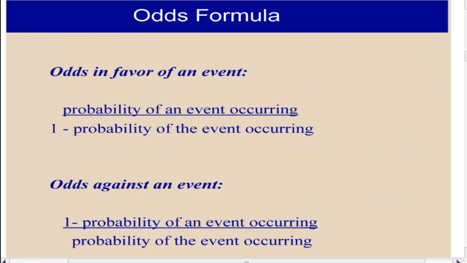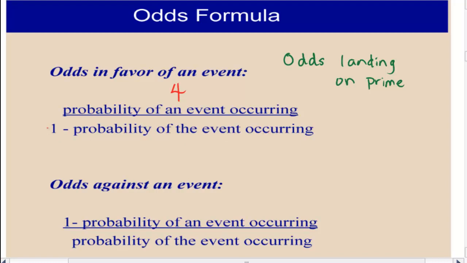Here are the formulas for dealing with odds. So the odds in favor of an event would be the probability of the event occurring. So let's say we use our example that we just did, odds for landing on a prime. So the probability of landing on a prime was 4. And 1 minus the probability of the event occurring.